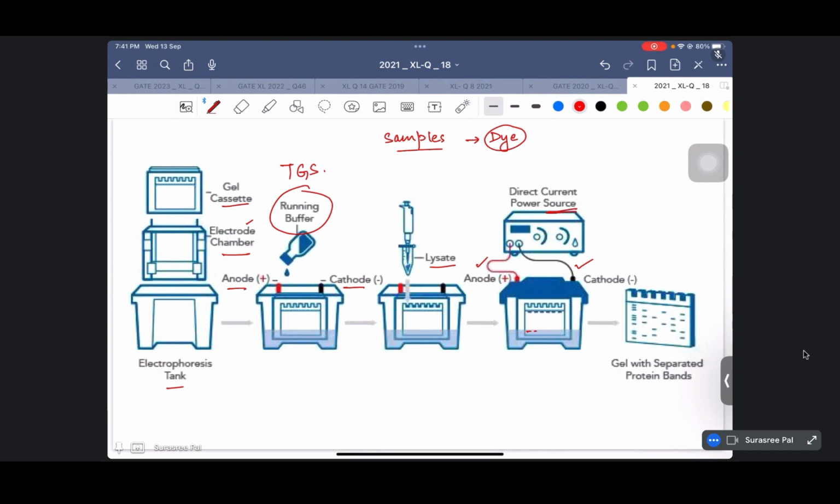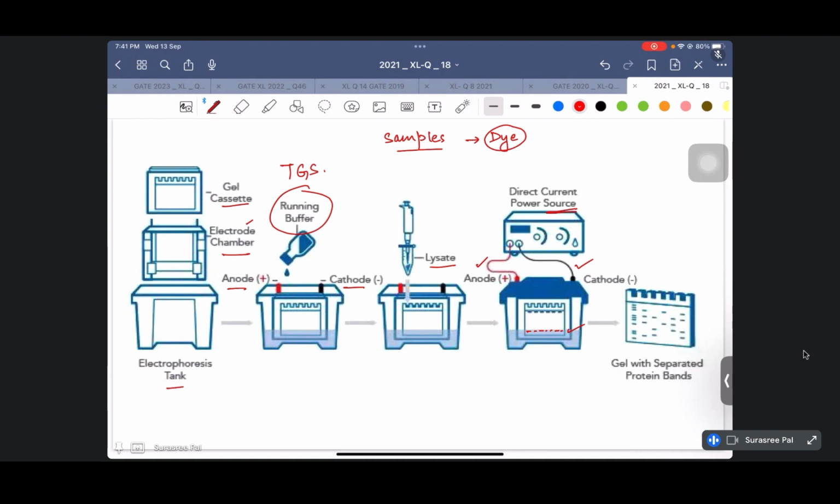Suppose you can see the dye here, which means your sample has migrated to this position, okay? What we often do is allow the dye to get out of the gel, and then we stop the gel. So that's the role of the dye. It is used for tracking the migration of the samples while the gel is running.